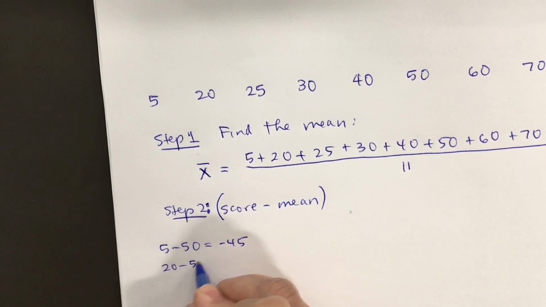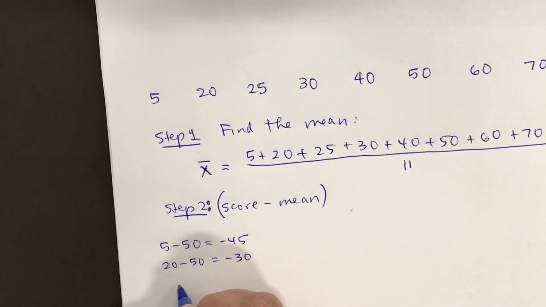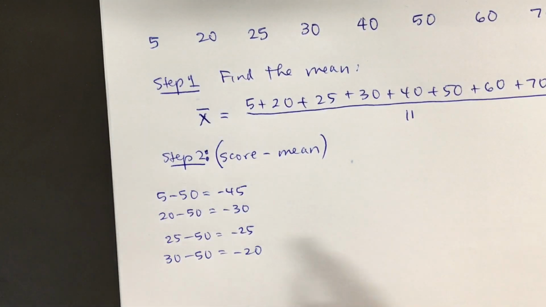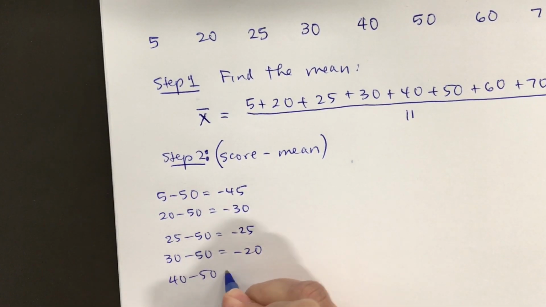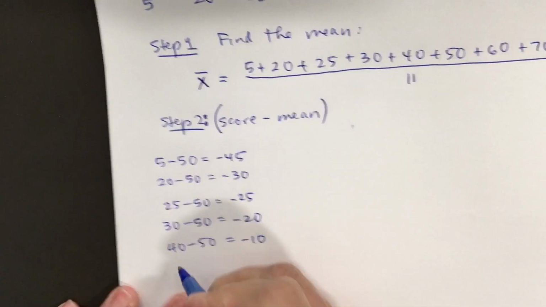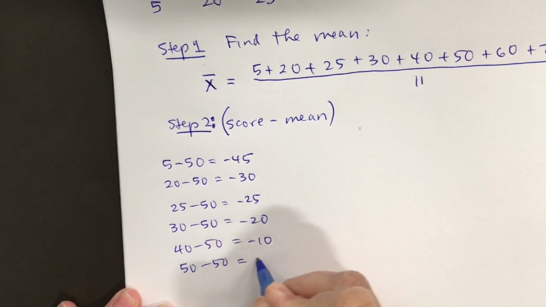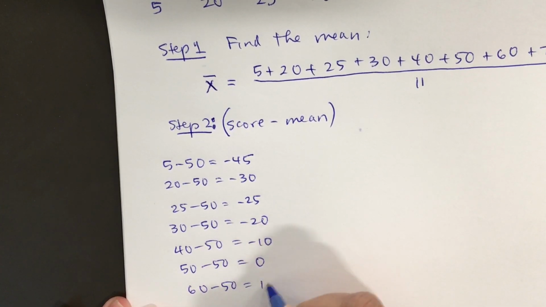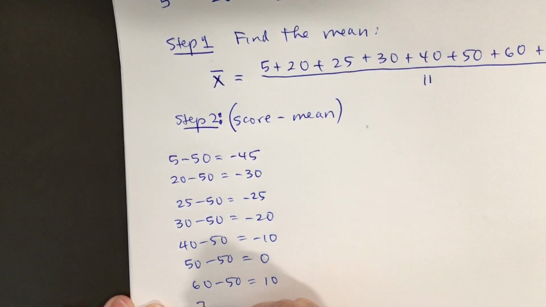Then 20 minus 50 is negative 30. 25 minus 50 is negative 25. 30 minus 50 is negative 20. 40 minus 50 is negative 10. 50 minus 50 is 0. 60 minus 50 is 10. 70 minus 50 is 20.